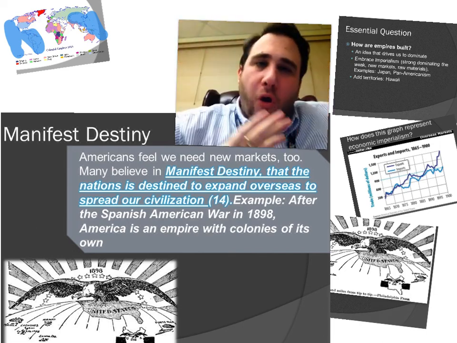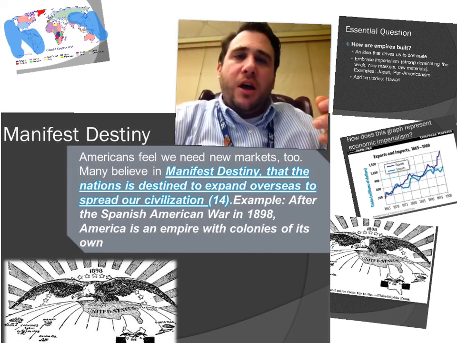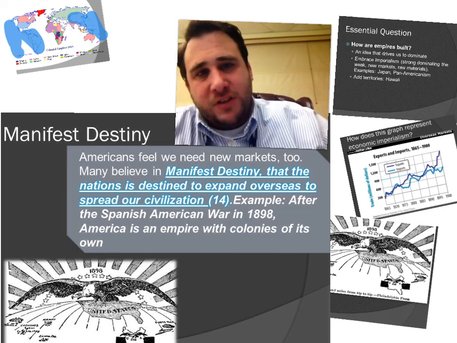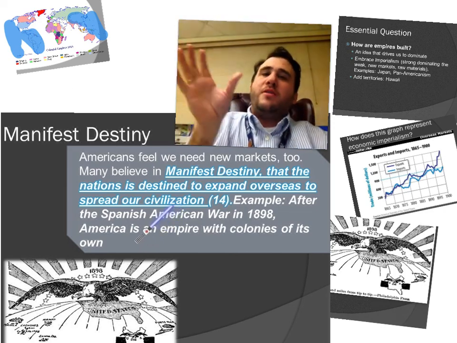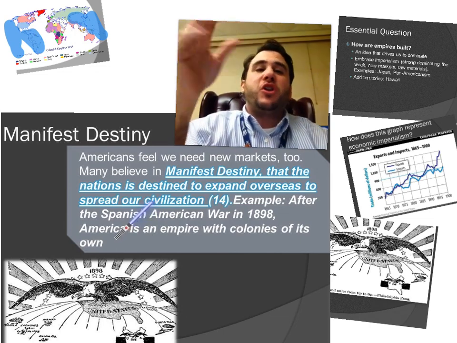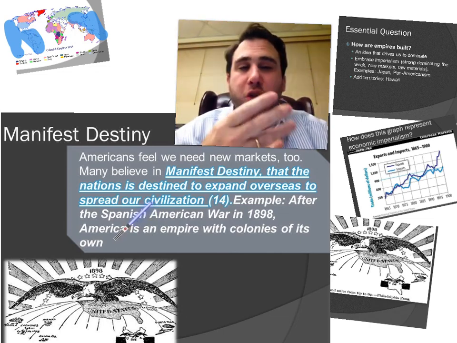And this kind of spreading out is geared by this concept of manifest destiny. The thought behind it is that our civilization is a great thing. And over the coming days, we're going to study a couple of things that really prove this.